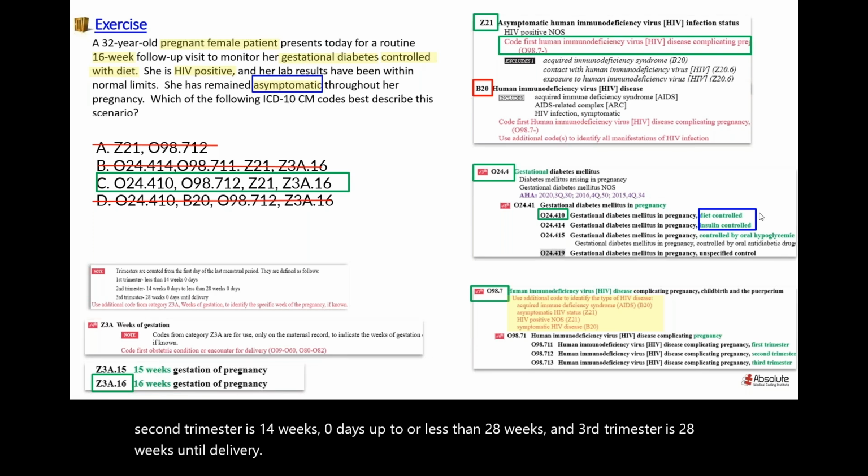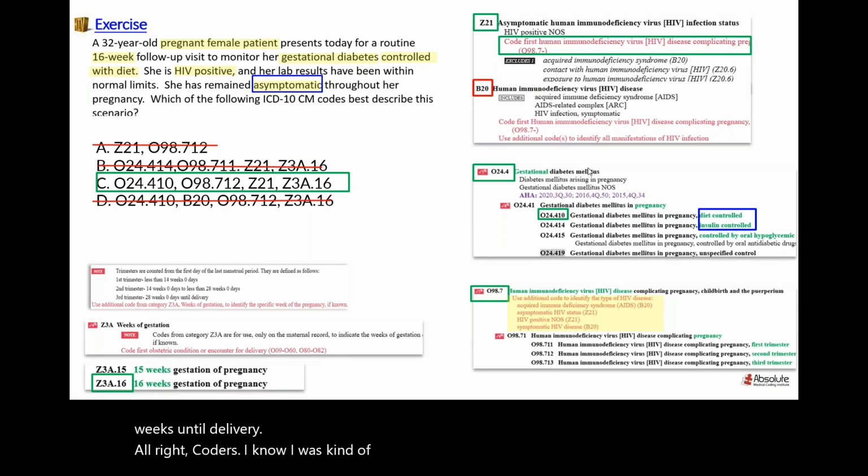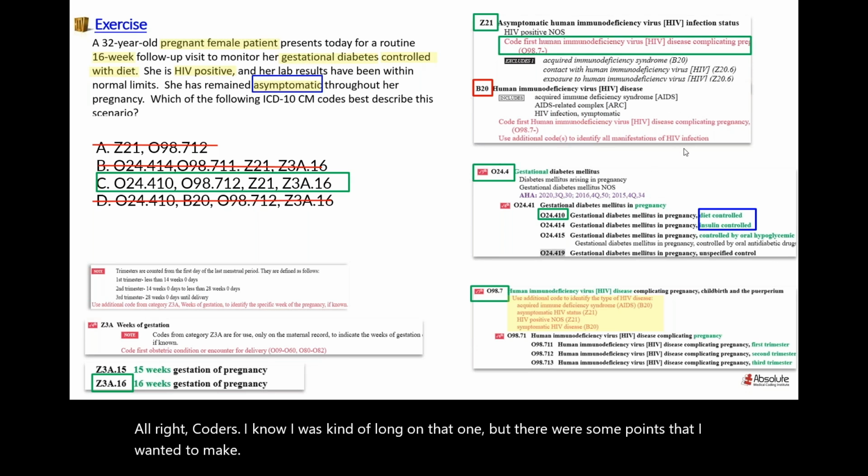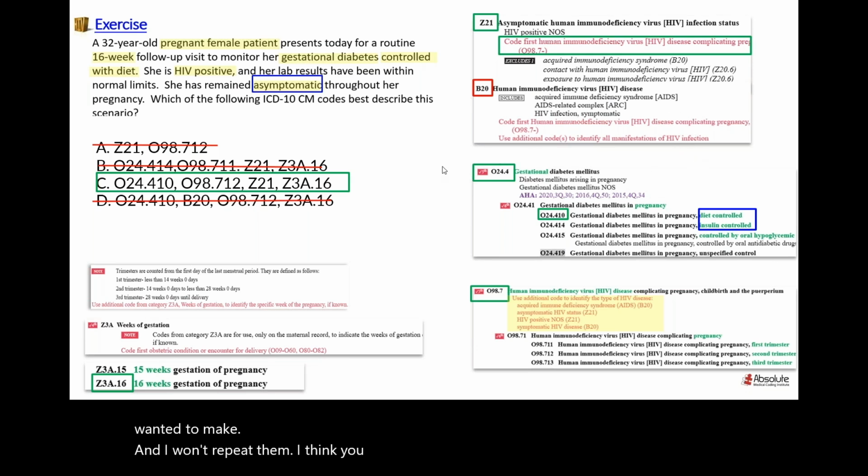All right, coders, I know I was kind of long on that one, but there were some points that I wanted to make, and I won't repeat them. I think you got it, you all. You knocked it out the park. Everybody good?